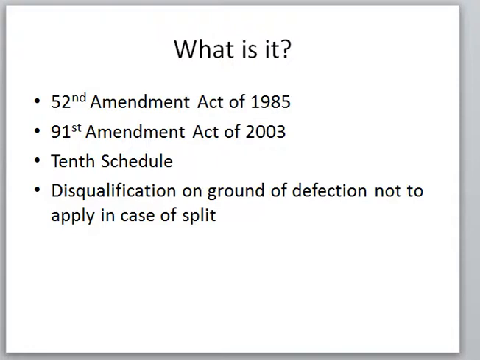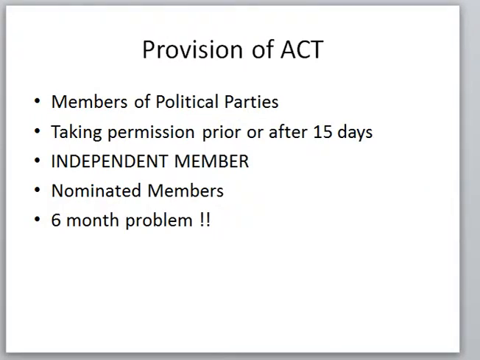So first, the provisions of the Act. What about the members of the political parties? If a particular member votes against the political party's agenda, then he can be removed from the party, as well as he has to vacate his seat in the House of Parliament, either House.